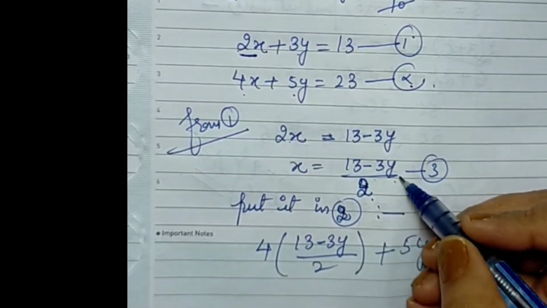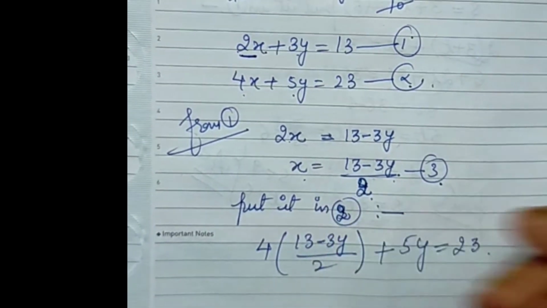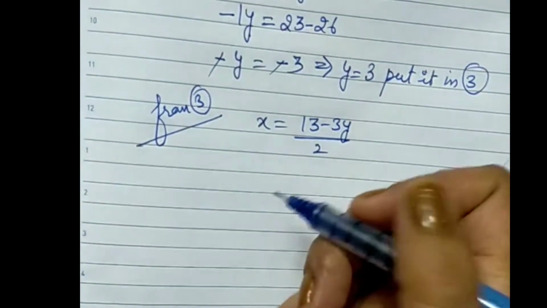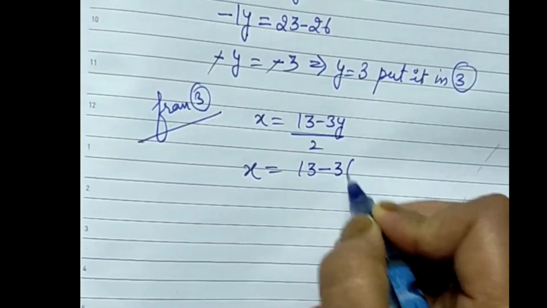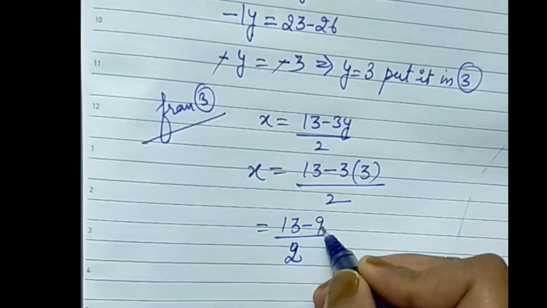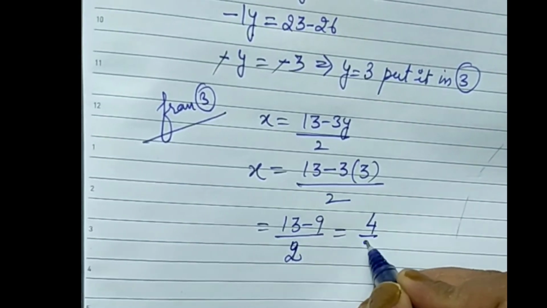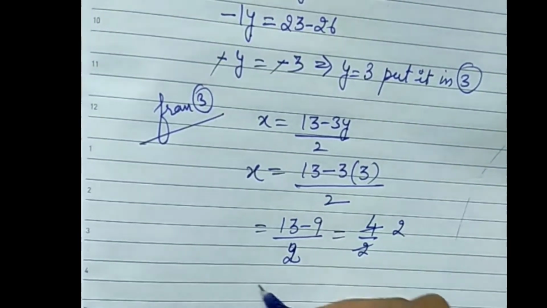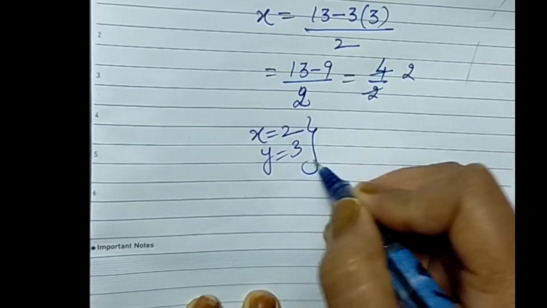So we got y as 3. Put this value in equation 3 to get the value for x. X is 13 minus 3y over 2, y is 3, so 13 minus 9 over 2 is equal to 4 by 2. So that means x is 2 and y is 3, the right answer.